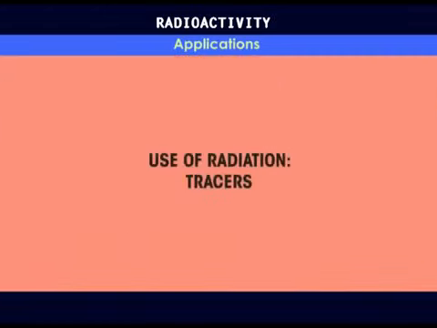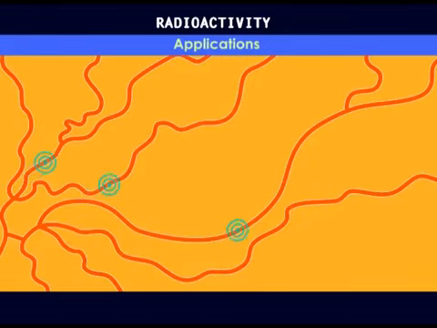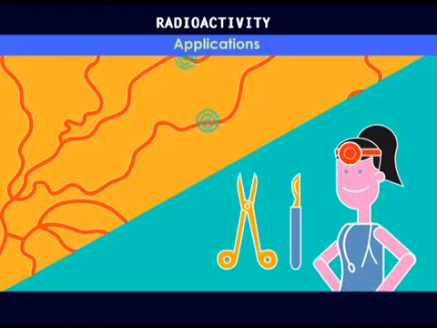Secondly, use of radiation as tracers. Beta and gamma radiations can also be used as tracers. Tracers in the body can provide useful alternatives to surgery.